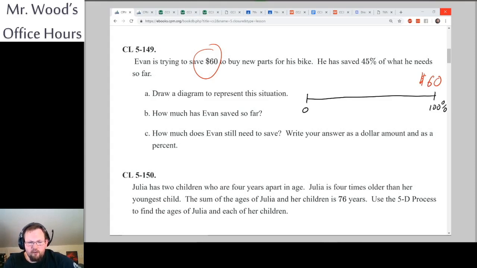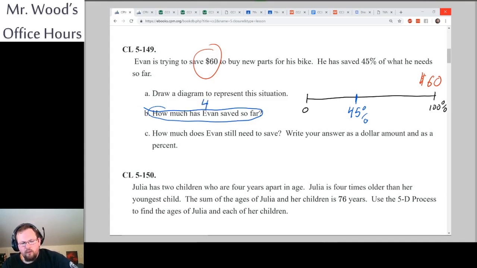And then you're trying to figure out, well, what would the marker for 45% be? So there's a few options to do this. The easiest way, how much does he save so far, is he has saved 45%. So let's write 45% of his goal, which we had said was $60.